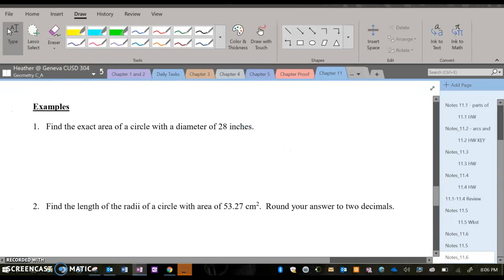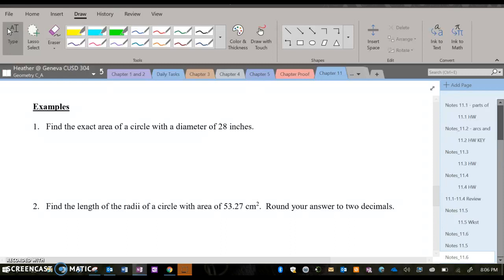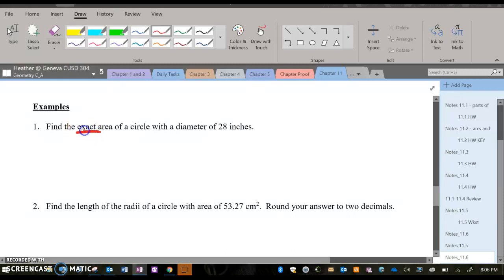So we have a couple examples on the back side here. These notes are going to go by very quickly. So it says find the exact, which means no decimals, the exact area of a circle with a diameter of 28 inches. So the diameter, D equals 28.